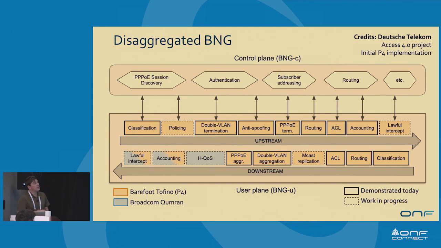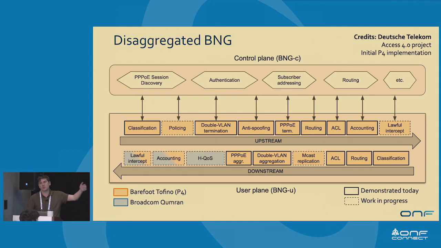This is what a disaggregated BNG looks like in the ONF plan. So we have the control plane and the user plane. The control plane is where we run functionalities related to, for example, subscriber authentication, addressing, routing, or PPPoE session discovery. And this picture at the bottom shows a diagram of the packet processing pipeline of the user plane for the two directions.